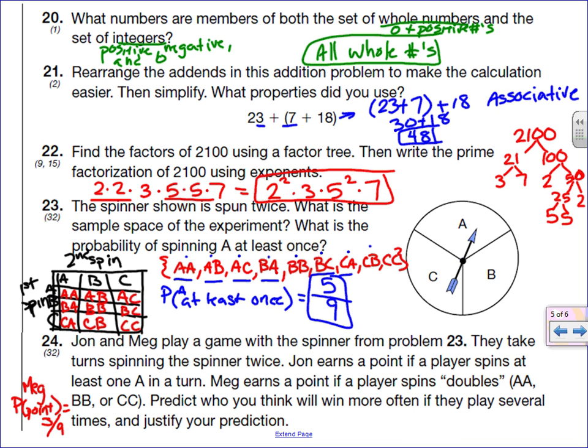So John will most likely win more often because he has a greater probability of scoring a point.